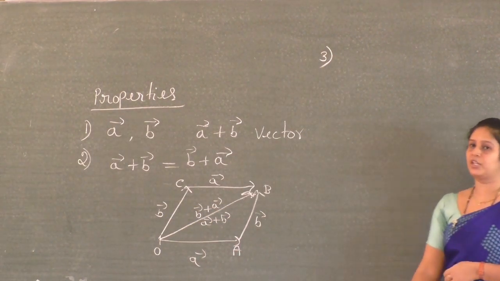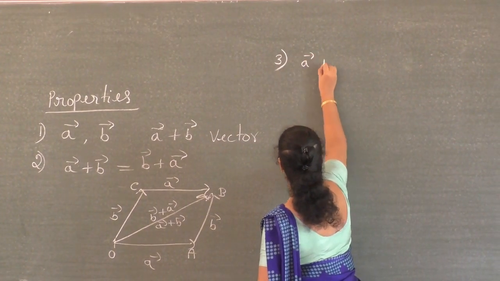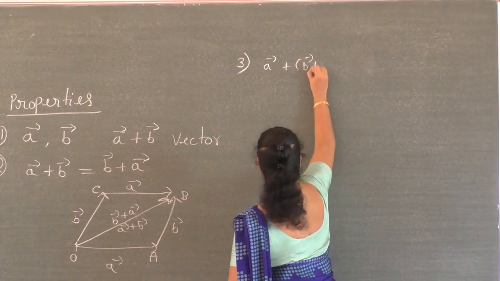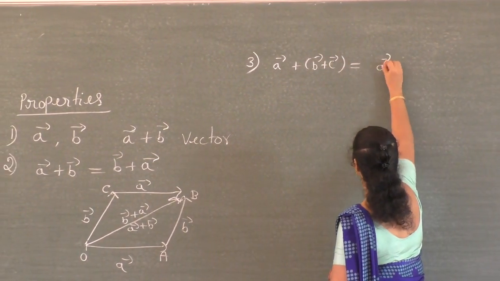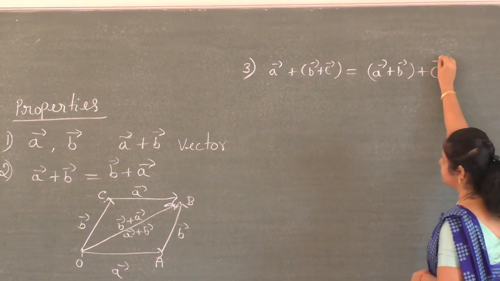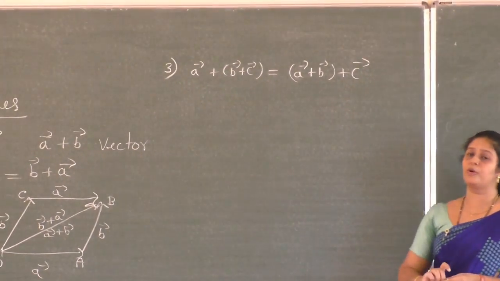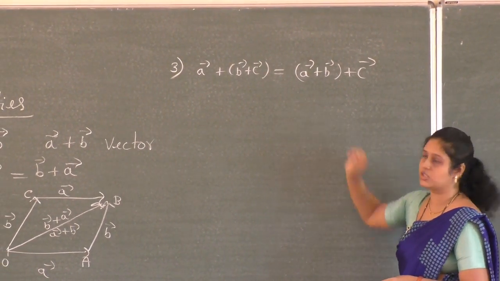Then the third property of vectors: vector A plus vector B plus vector C is equal to vector A plus vector B plus vector C, with different groupings. This property is called the associative property under addition.